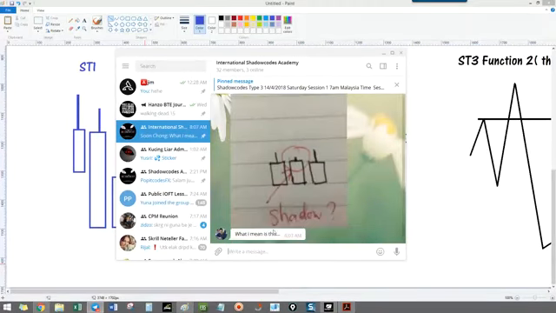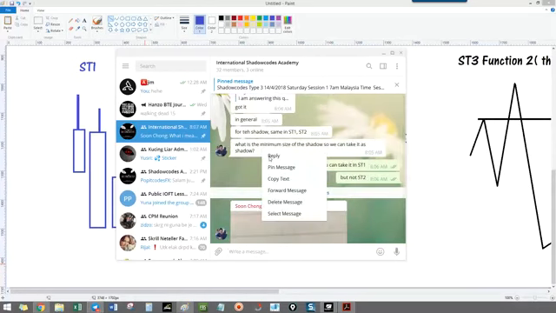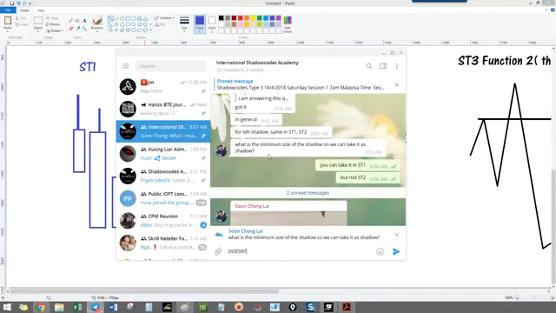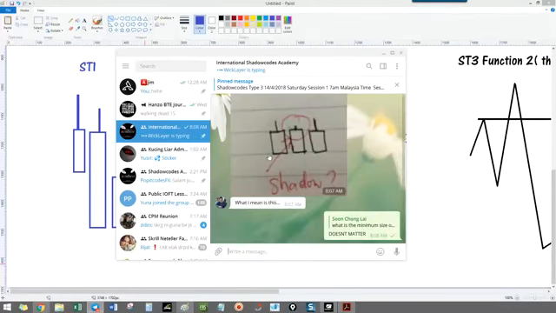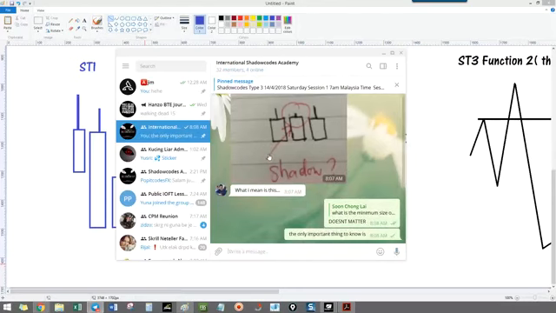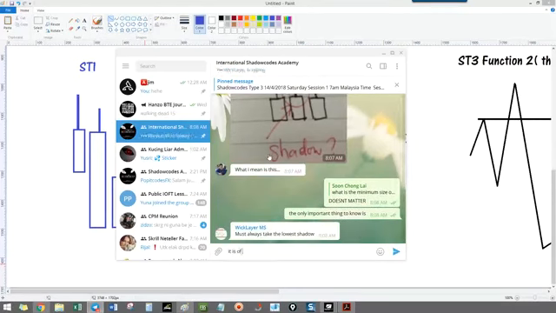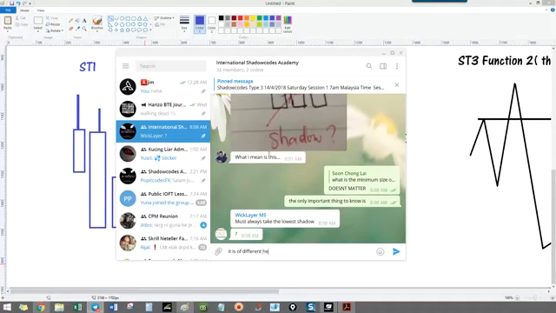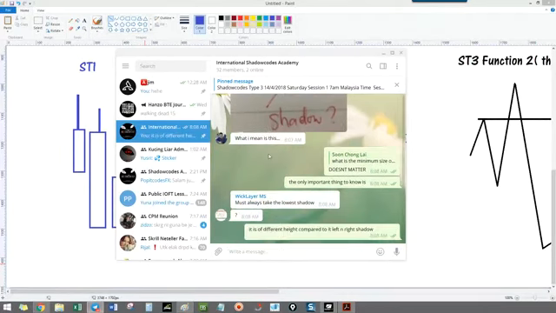The only important thing to know is it is of different height compared to its left and right shadow. So we take the lower shadow.